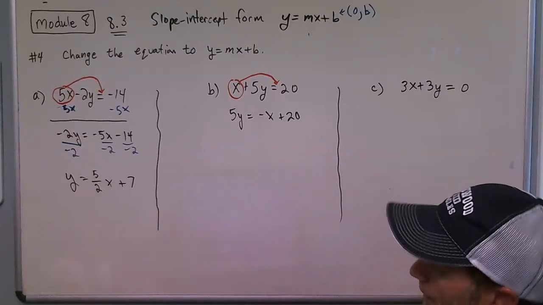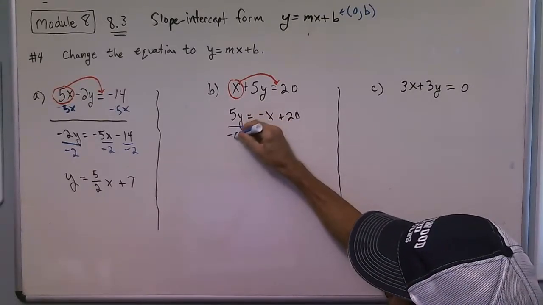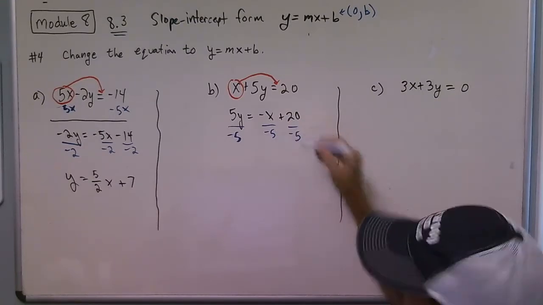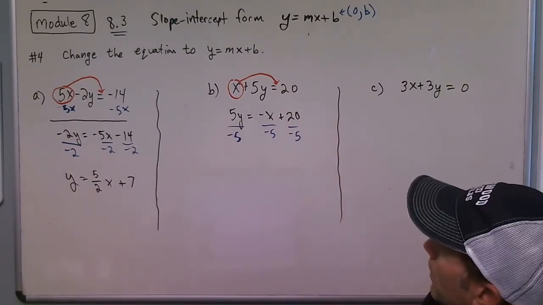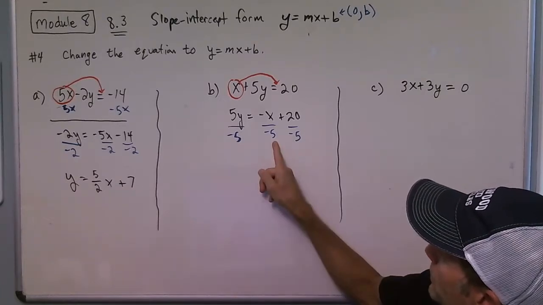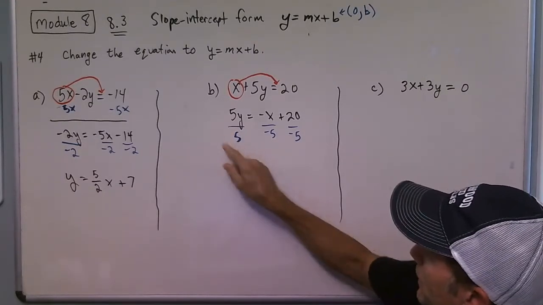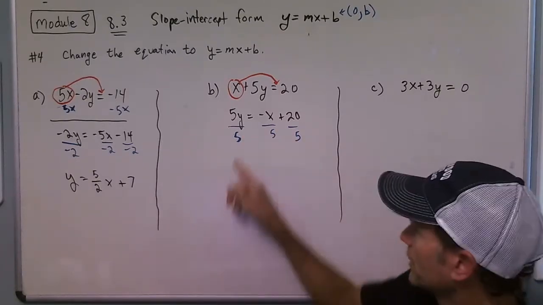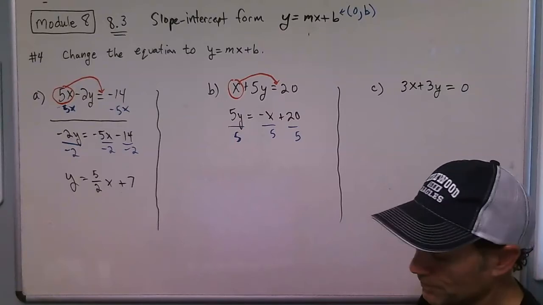Then I'm going to divide by negative 5. Okay, and what I noticed here is that I made a sign error because I was getting a little lazy here. Don't divide by the opposite. Okay, you want to divide by exactly 5 there, because 5 divided by 5 will be 1.